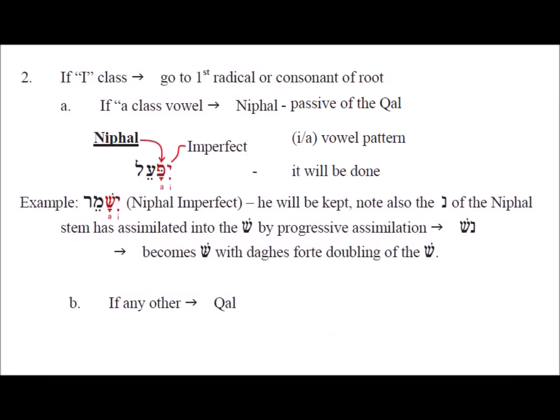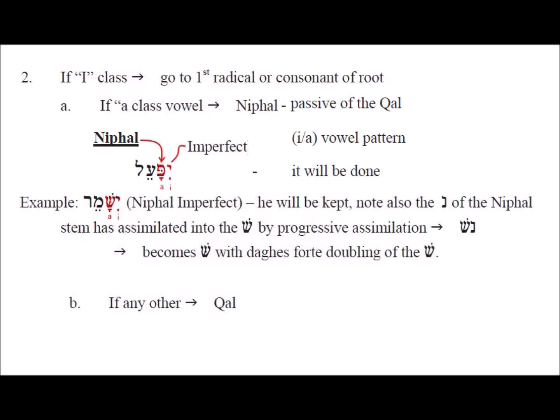Rule number 2. If you have an I class vowel, go to the first radical or consonant of the root. If it is an A vowel, it's got to be a Niphal. Let me give you an example, using the verbs that Weingreen's grammar uses, because I taught from that a lot: yishamer.